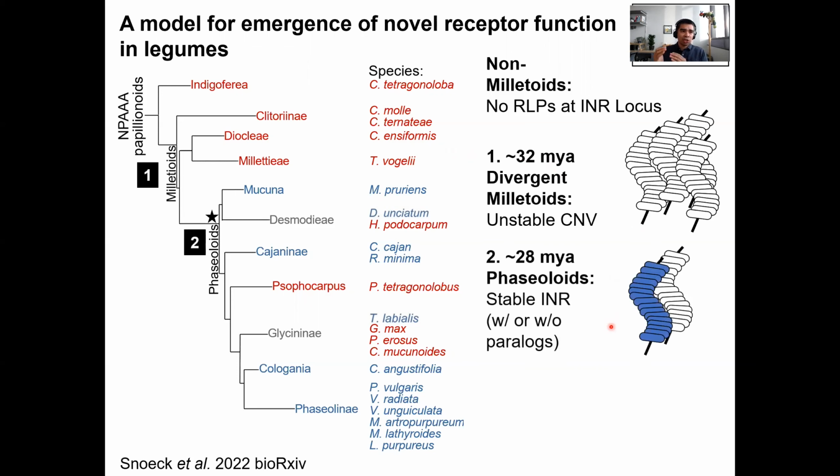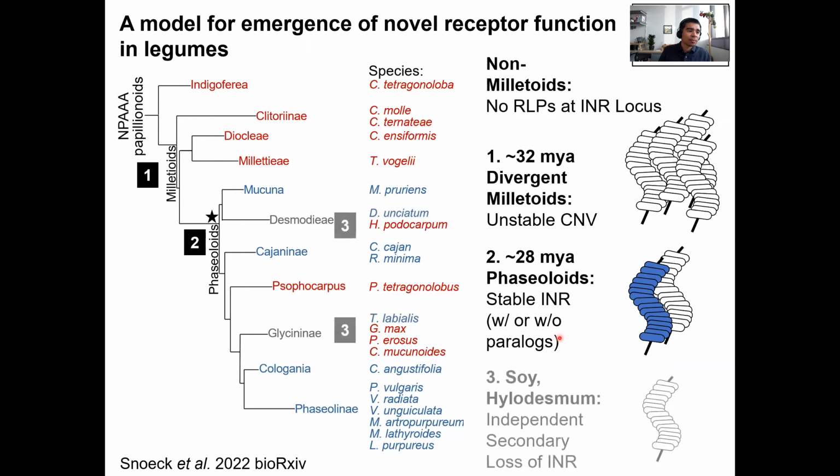But upon acquisition of an INR function, that really stabilizes the locus either with or without paralogs, but species tend to encode that single INR homolog at this stage. And then we do have cases where single species have lost a functional copy, for example, in soybean and hylodesmum. So there are cases of independent secondary loss of INR, potentially due to polyploidy or genomic instability.